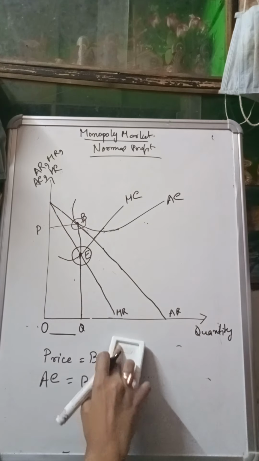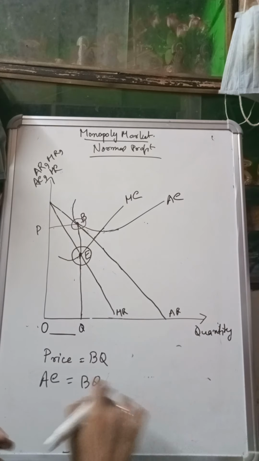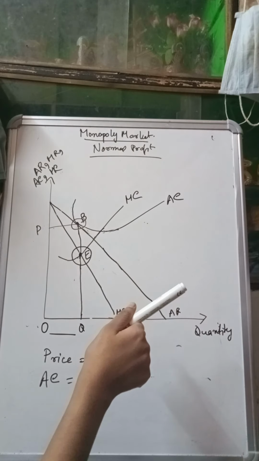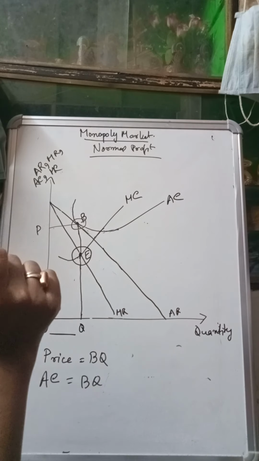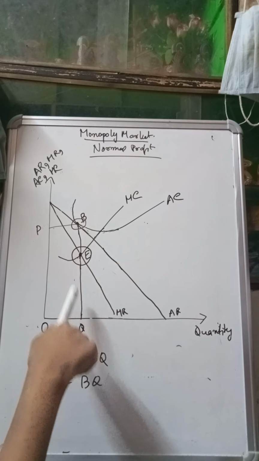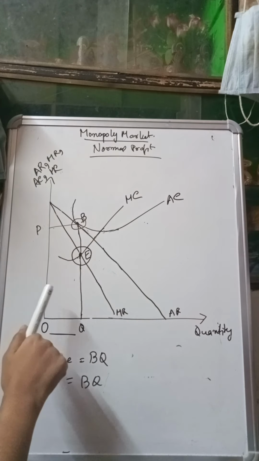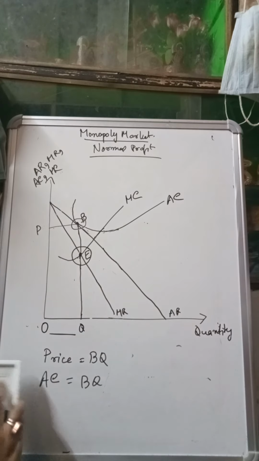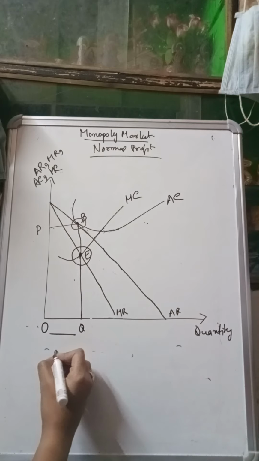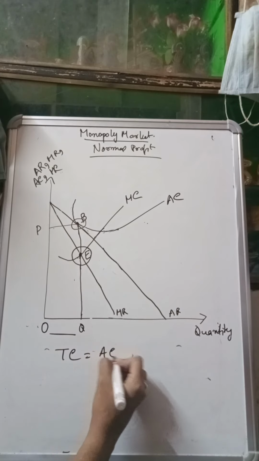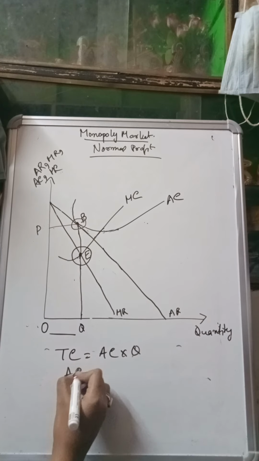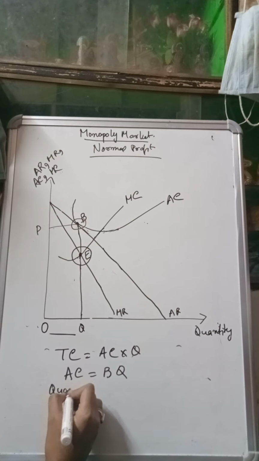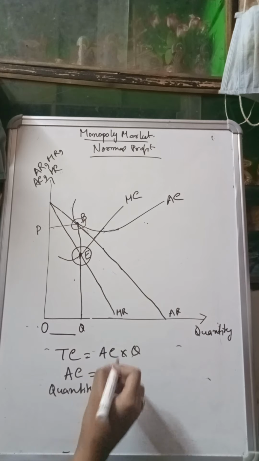Let's write BQ right now. So my price is BQ and my average cost is also BQ, because the average cost has intersected the BQ line at point B. Now we already know that TC is equal to AC into Q. What is my AC? It is BQ. And what is my quantity?